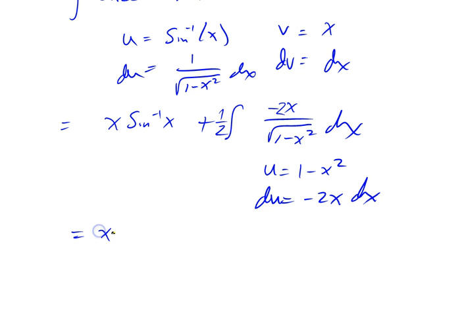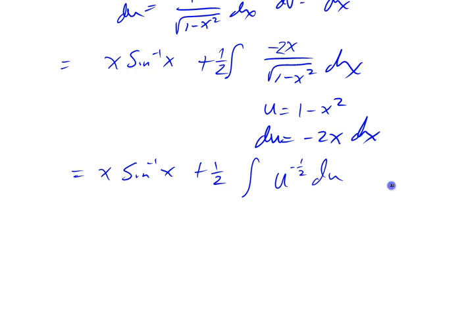So this is x sine inverse x plus a half times the integral. This is a u square root on the bottom. So that would be a u to the minus a half power times, the minus 2x dx is the du. So good.